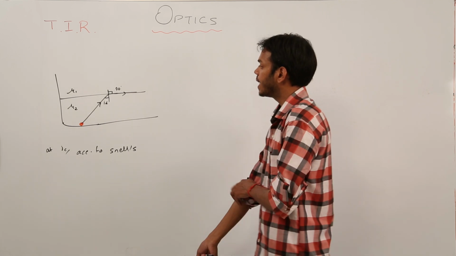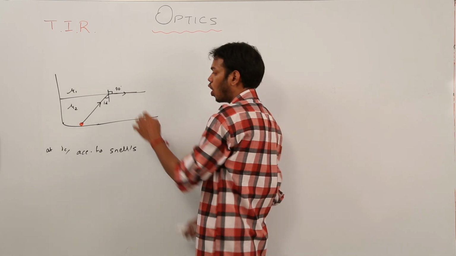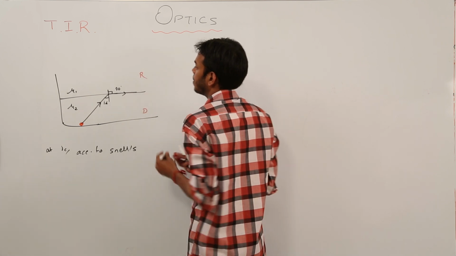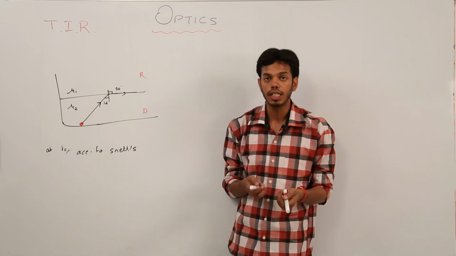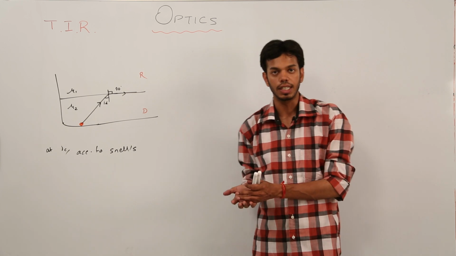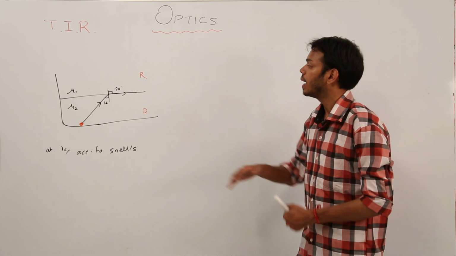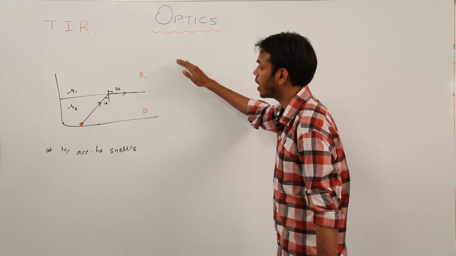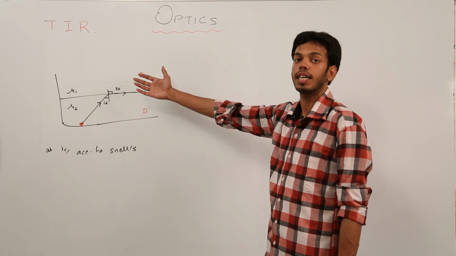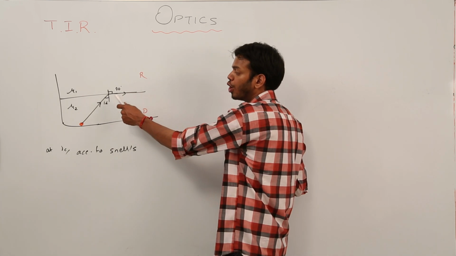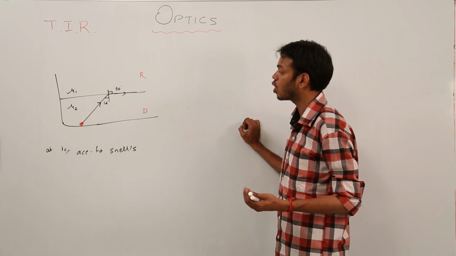Number one, the ray must be traveling from what? Denser to rarer medium. If the ray is traveling from rarer to denser medium, there is going to be refraction, which you have done in prisms and glass slabs. But if the ray is traveling from denser to rarer, the refracted ray tends to shift away from the normal, and in that process there comes a point where it goes exactly along the surface, which is called the critical angle.